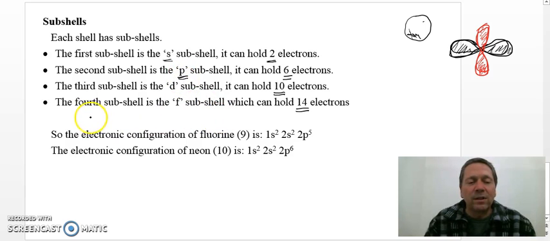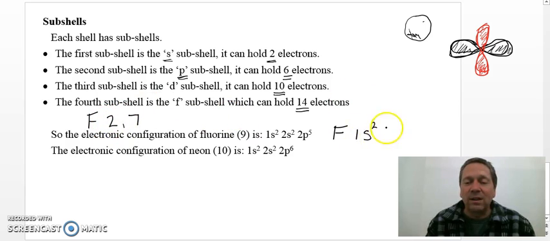So remember before I said the electronic configuration of fluorine was 2, 7. Okay, we're going to get a bit more sophisticated now. The first shell only has one subshell. So there's the first shell. It's got an S subshell and it's got 2 electrons in it, just like we had over here.